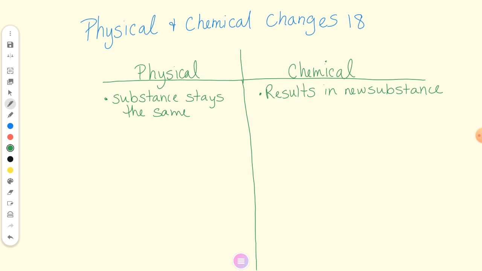Carter? The shape could change. What else? Braylon? The color. Not the color for physical. Elise? How it looks. But again, how it looks could be color, so we can't just say how it looks. The shape and the size. Size and shape can change.